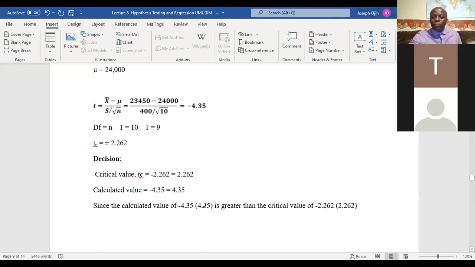So that's why we're using the absolute value. Since 4.35 is greater than 2.262, we reject the null hypothesis.